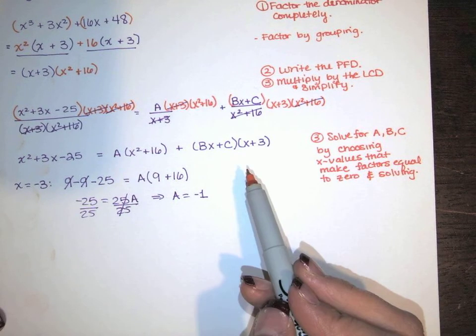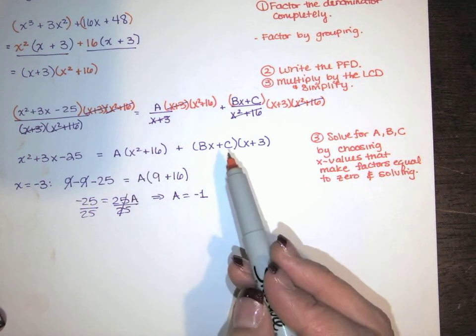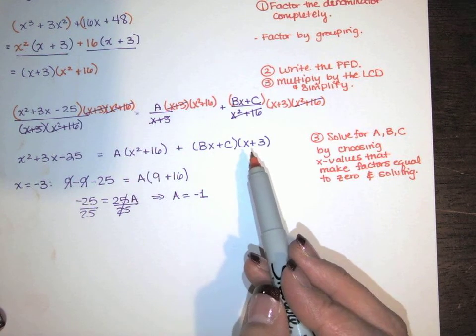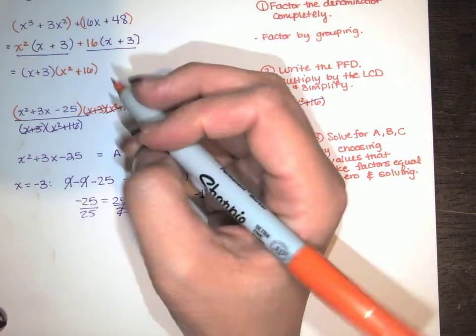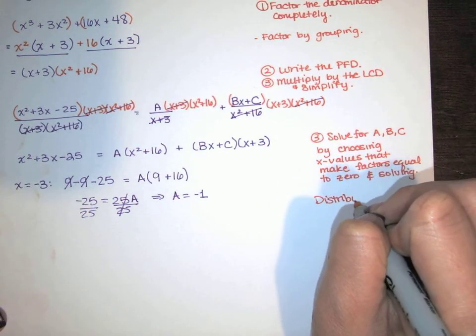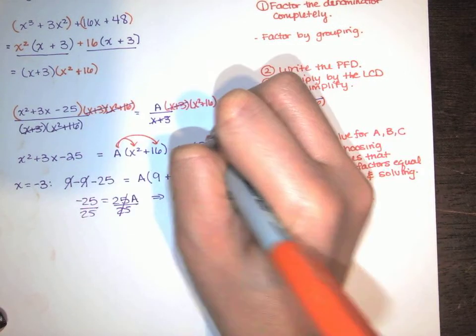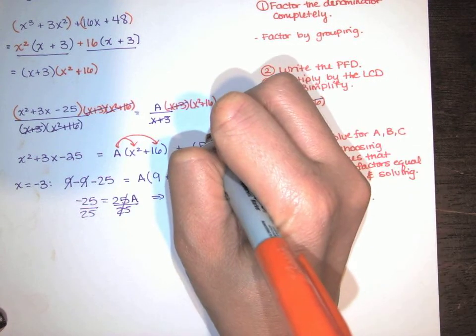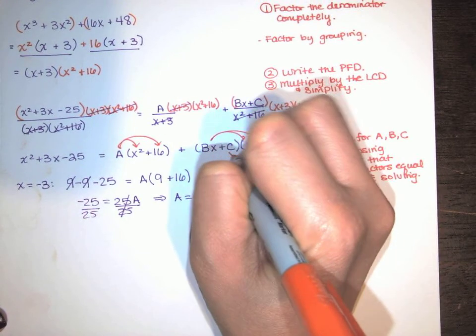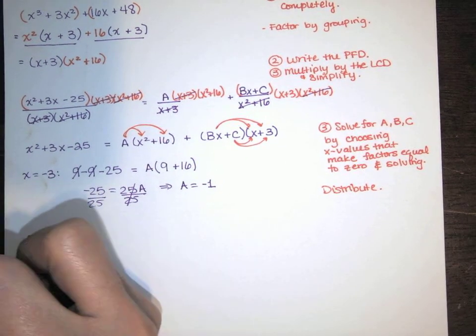In order to find b and c, first I'm going to distribute my a and this bx plus c times x plus 3. I'm going to distribute through. And you've got first times first, outer times outer, inner times inner, and last times last. You're going to do all of that.